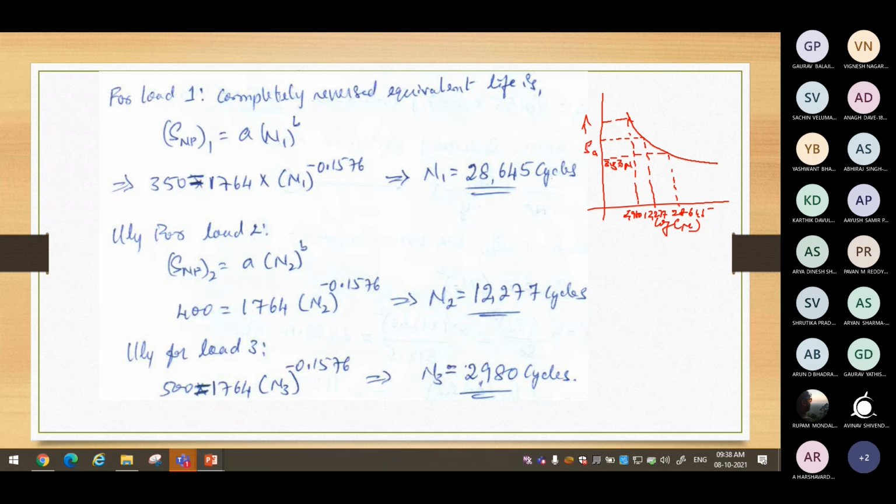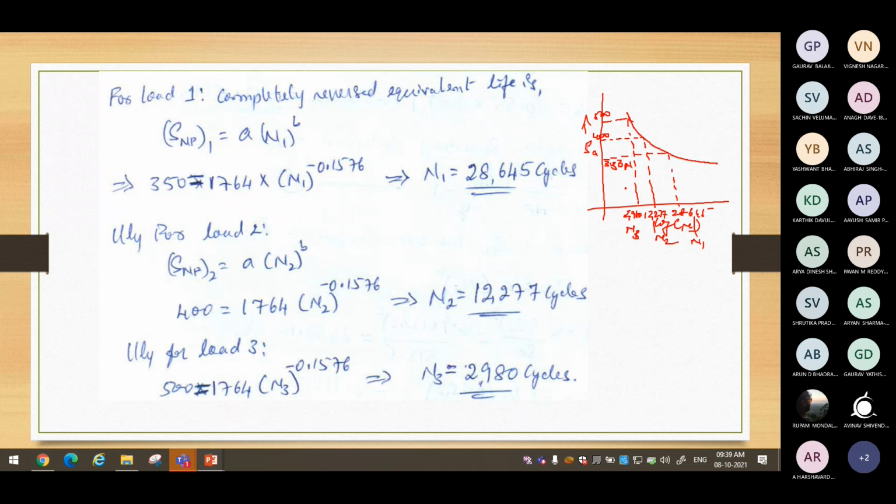This you apply only this alone: 350, 400 and 500. Whatever you have here is NF3, NF2, NF1. Now what you are doing on the component, 350 MPa cycle is applied 85% of the total life. 85% of the total life of the component, not 85% of NF1.